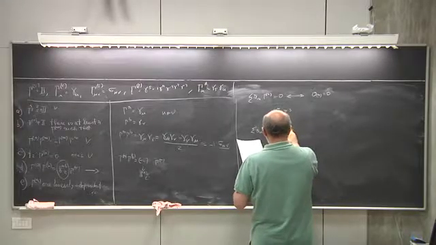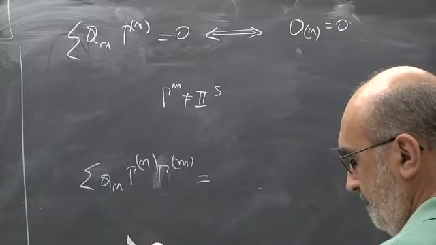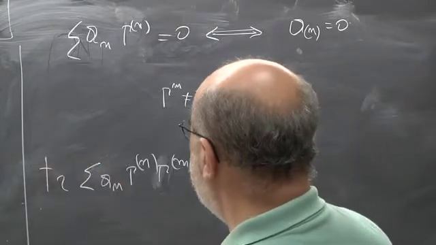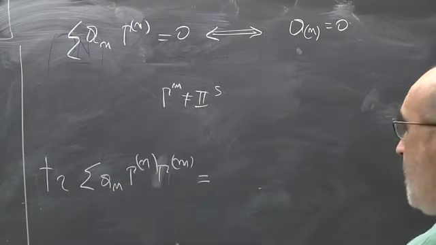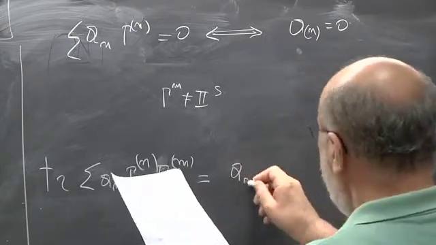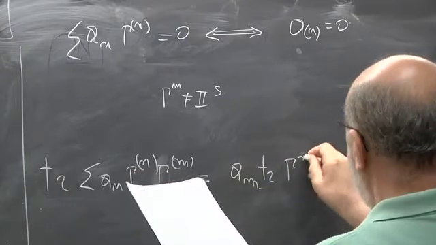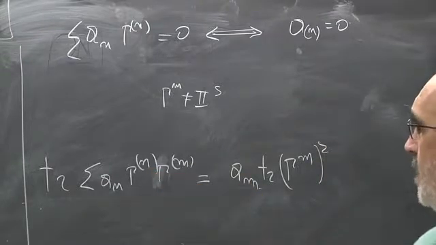And of this quantity now let's take the trace. So we will have, for example, the case when the two are equal, so we will have a_n trace, a_m trace gamma m squared. So the first case is when n is equal to m.